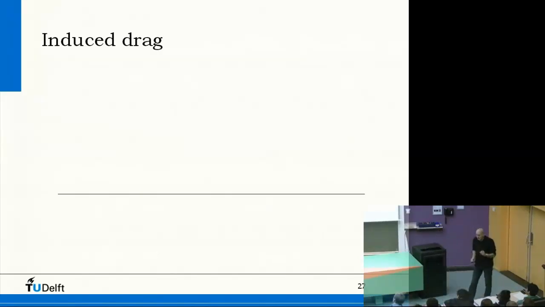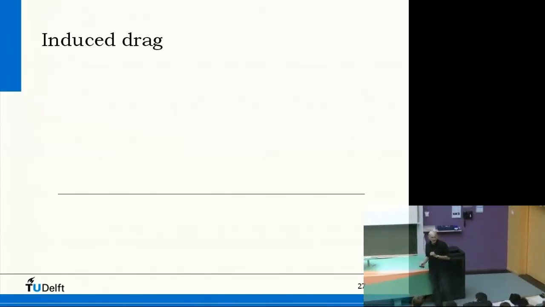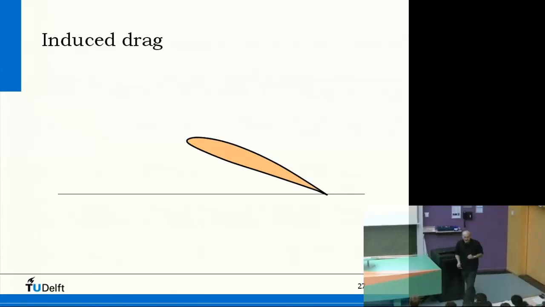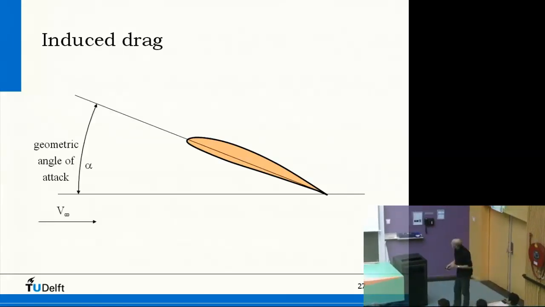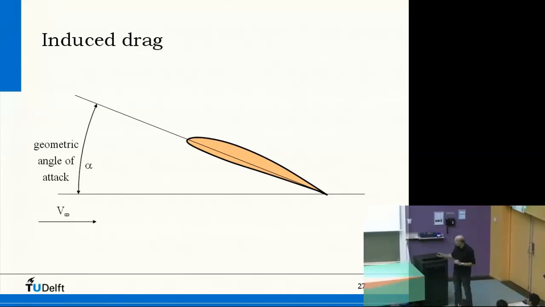Okay, let's look at the development of this angle of attack change. Here we have the airfoil. This is the chord line. And by definition, if we have this as a velocity vector, this is the geometric angle of attack.